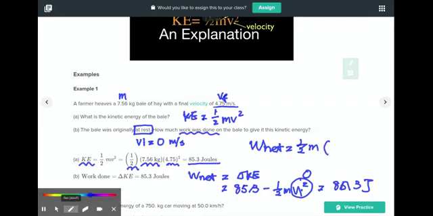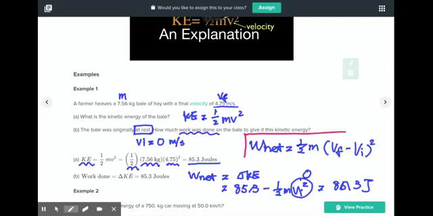Okay, you can use this as a formula to find W net.